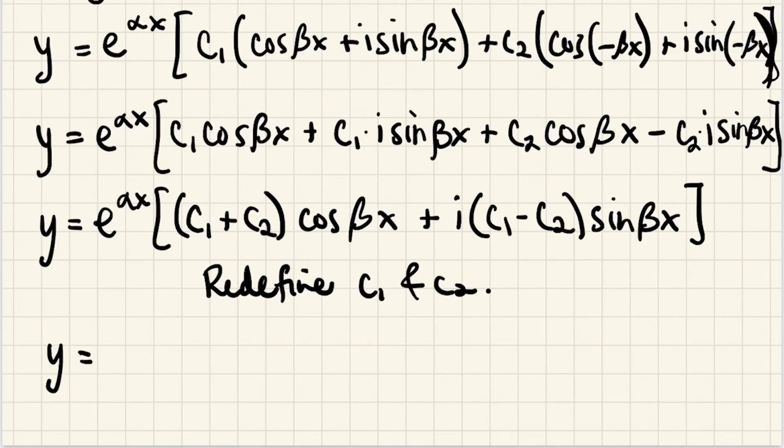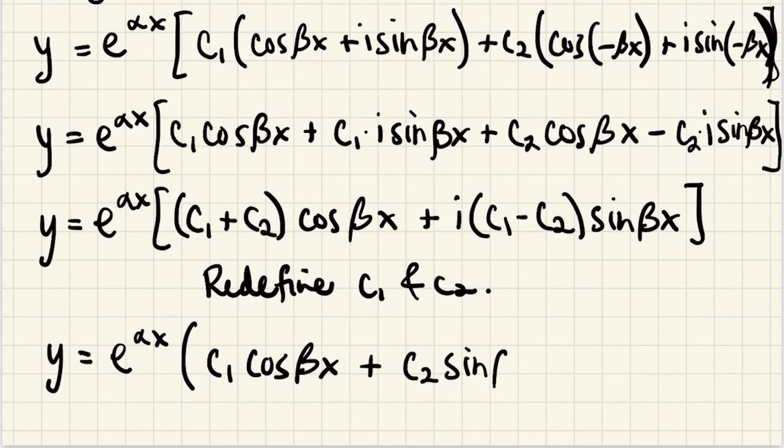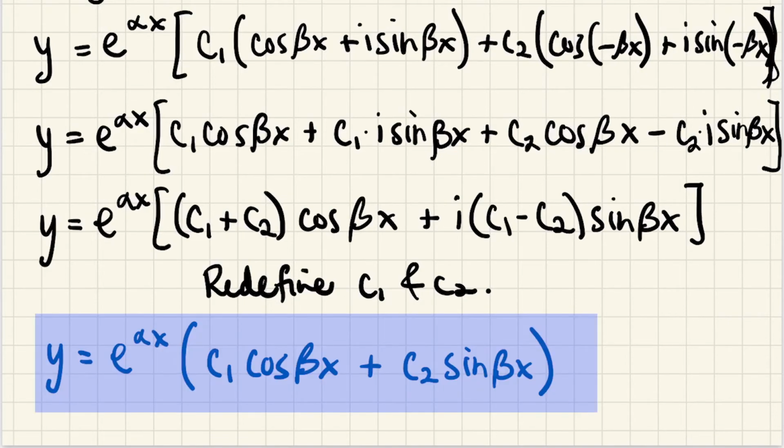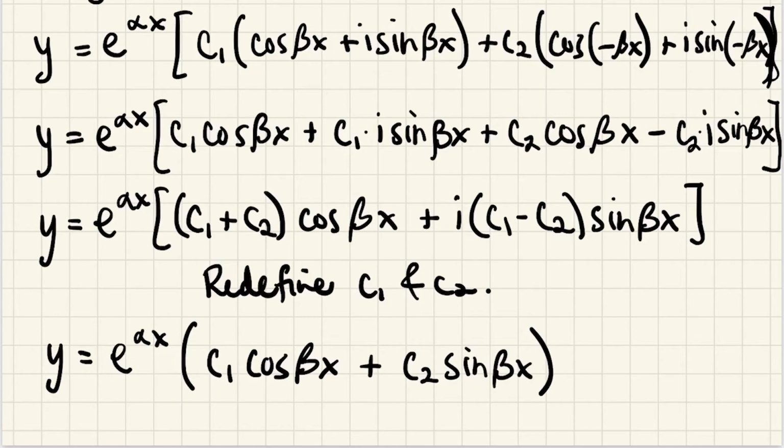It's just a new step that's being conceived at this moment based on the form of the previous step. So this is y equals e to the alpha x times some constant cosine of beta x plus some constant sine of beta x. And that's the form of the general solution for this complex case.